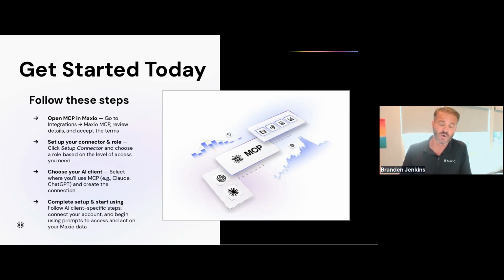So you set that connector up, and if you have a company-wide account, everyone can see that connector, but they still have to go in as an individual and say yes, I want to use this connector, and they still have to log into Maxio, because we carry the roles and permissions per user. So Branden can see certain things, but someone else might not be able to see certain things. That's pretty much true with all these MCP connectors. So that's the process to get going.